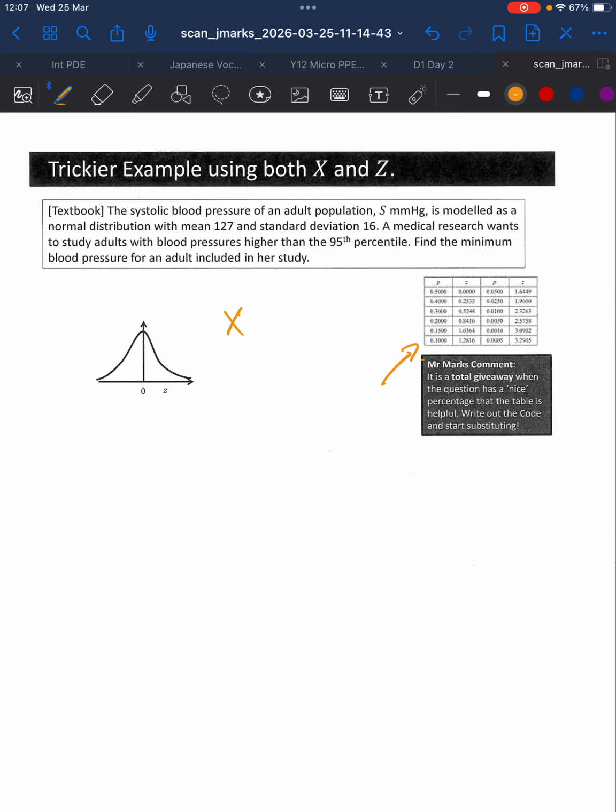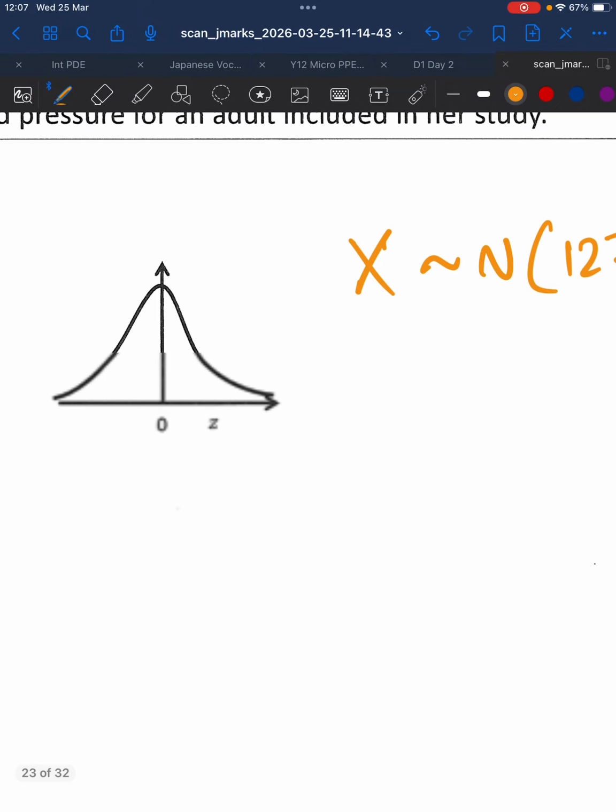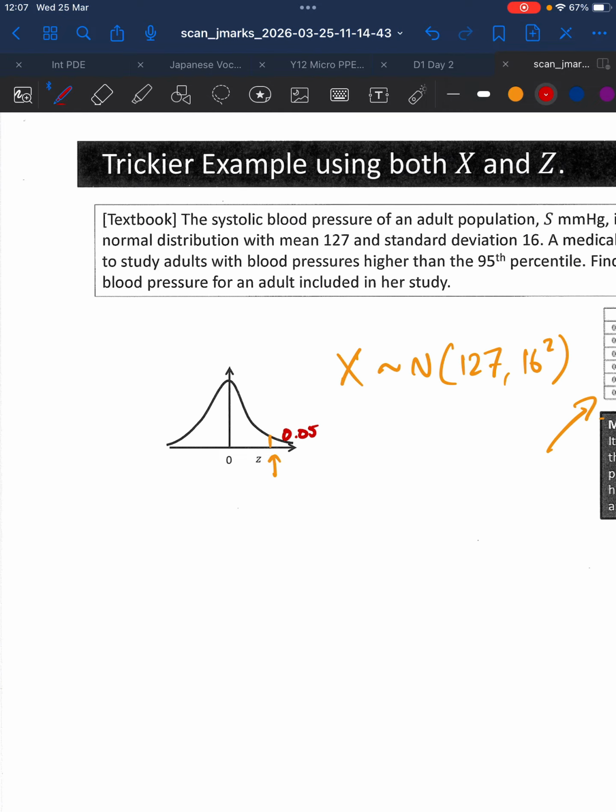Okay, so it's normal with 127 and 16. A medical researcher wants to study pressures higher than the 95th percentile. So what that means is they want to know what this point is here, really, okay? So 95th percentile means 0.05 is left, okay?